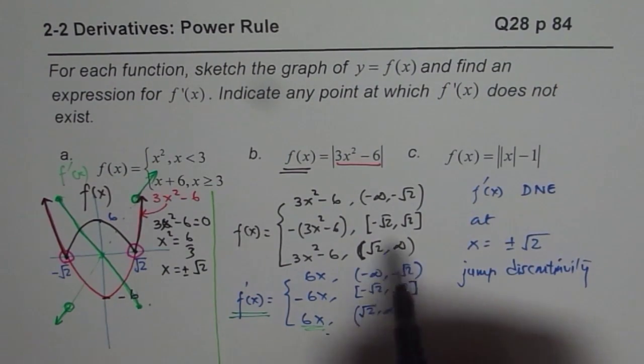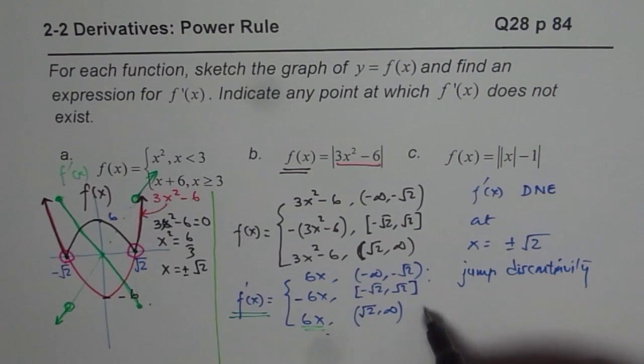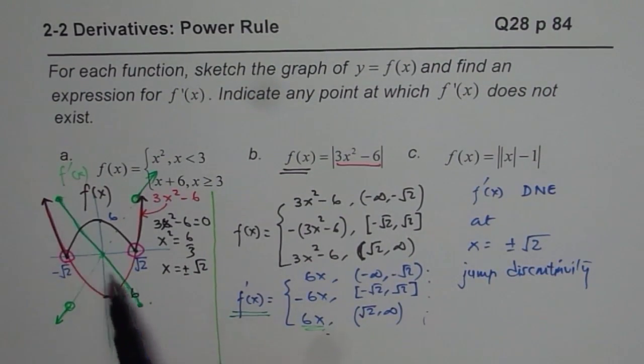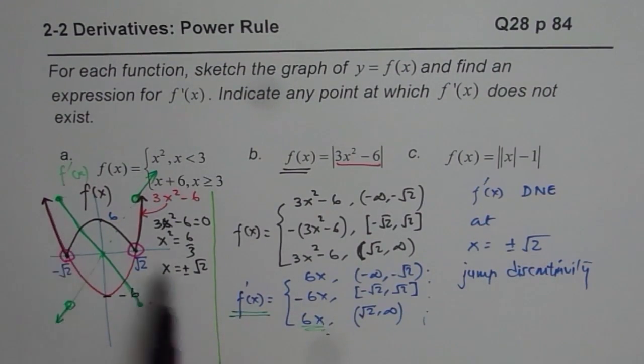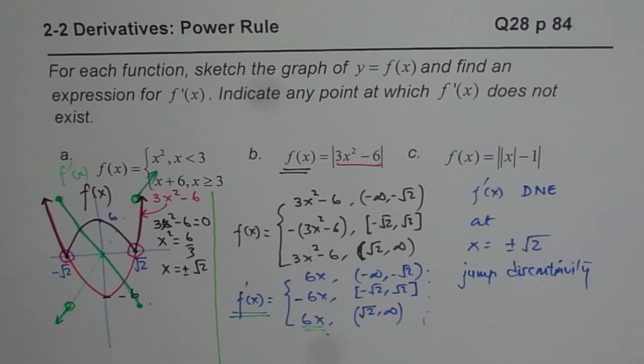You can also see that these two values, when you approach from the negative side and from the positive side, they're different, correct? Here the slope is negative, right? So you can see the slope is 6x. So they are not the same, right? So that is the difference in the slope of the tangent on this particular graph.